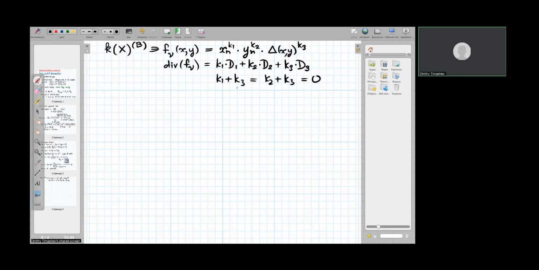From these equations, it is easily seen that all functions which are B semi-invariant with respect to the Borel subgroup B of upper triangular matrices, all functions of this kind are actually of the following form. You have, in a sense, a minimal one of these functions.